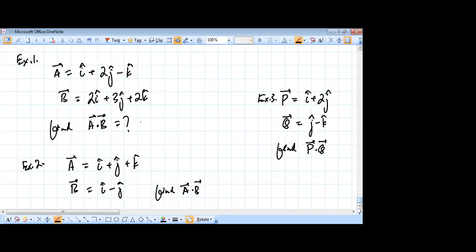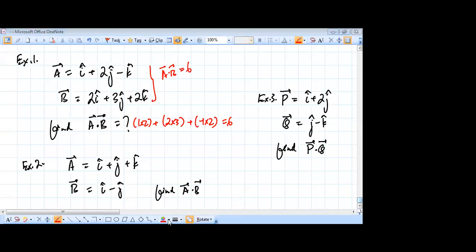So इस केस में a dot b will become 1 into 2 plus 2 into 3 plus minus 1 into 2. So now we get 2 plus 6, 8 minus 2, 6. So it becomes 6. That's the answer for the first one. A dot b will be 6.